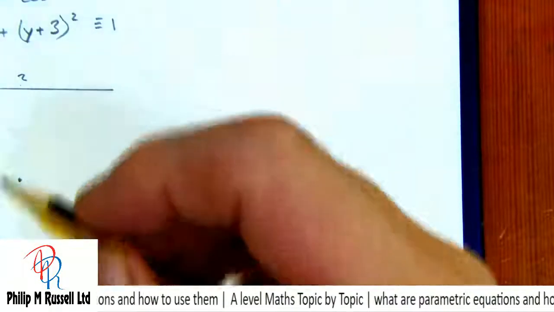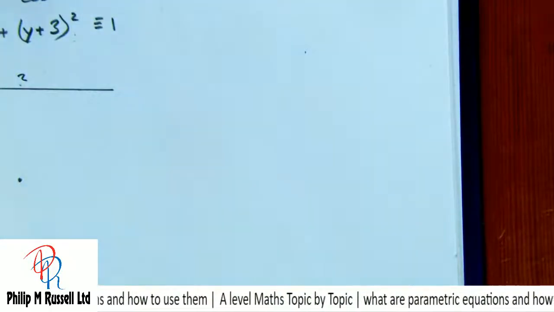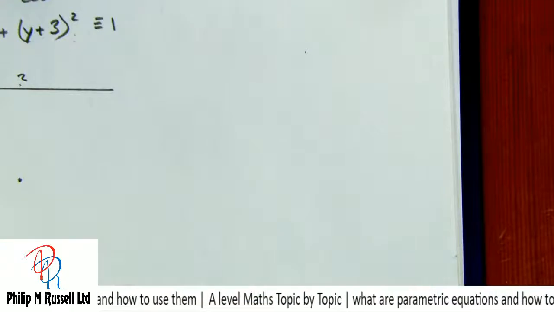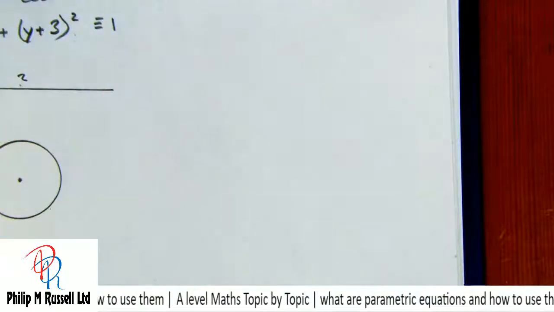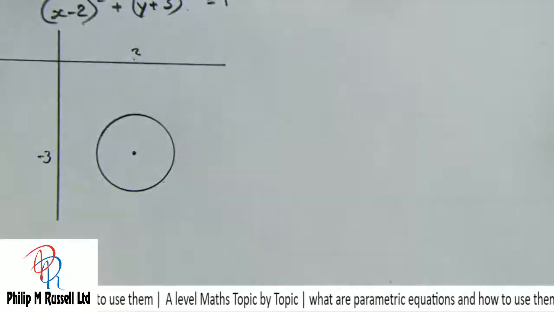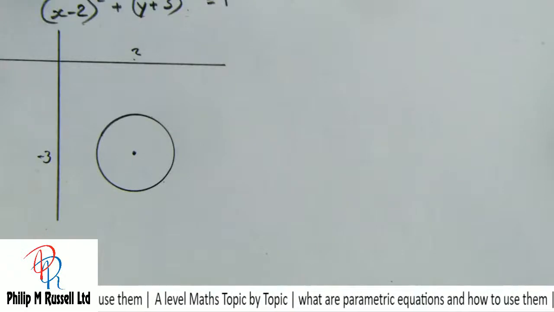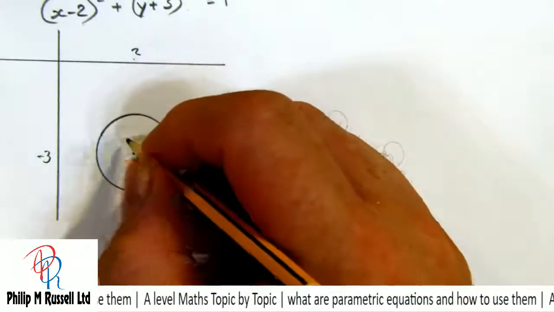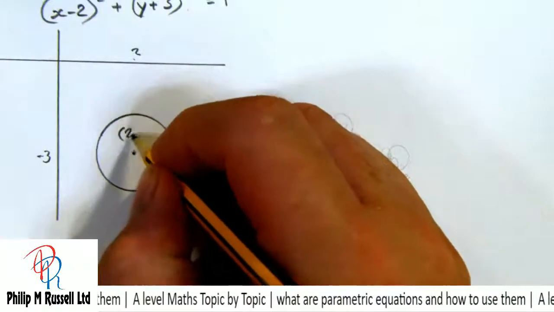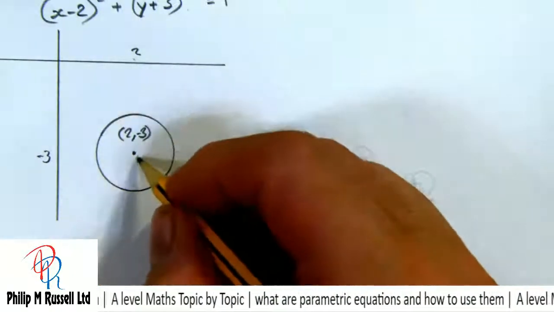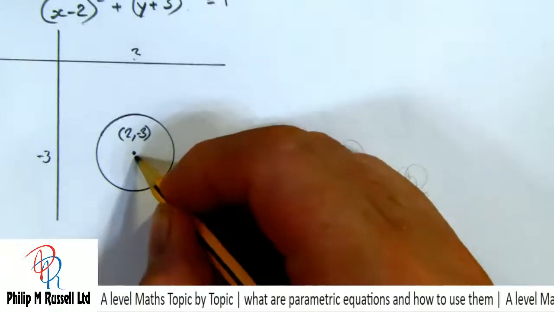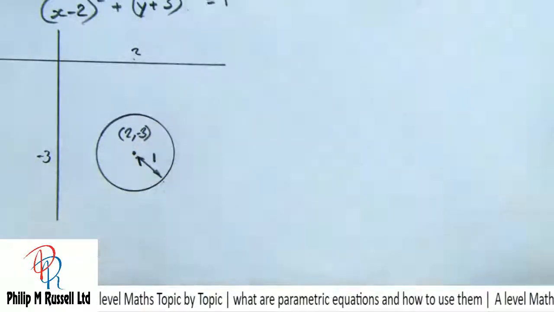There's going to be the center of my circle, and it's going to have a radius of 1, so I'm going to have something like that, where this point here simply is 2, minus 3, and we've got that at 1.